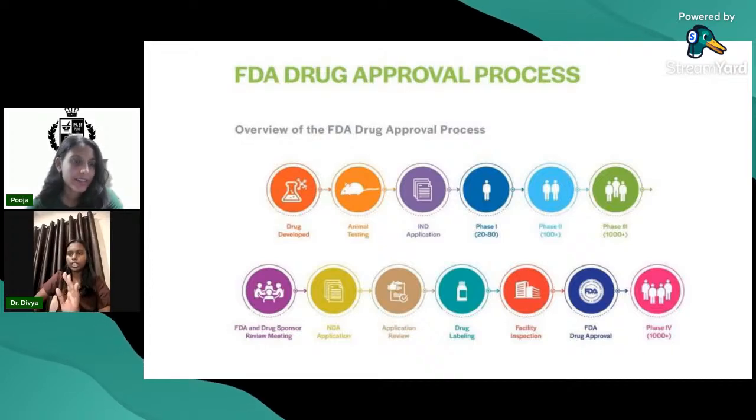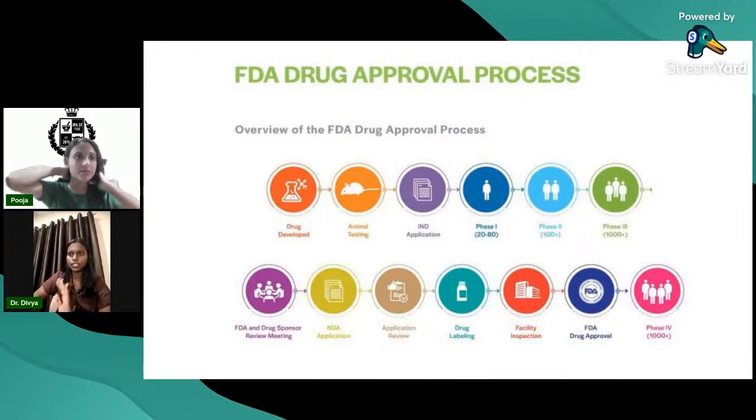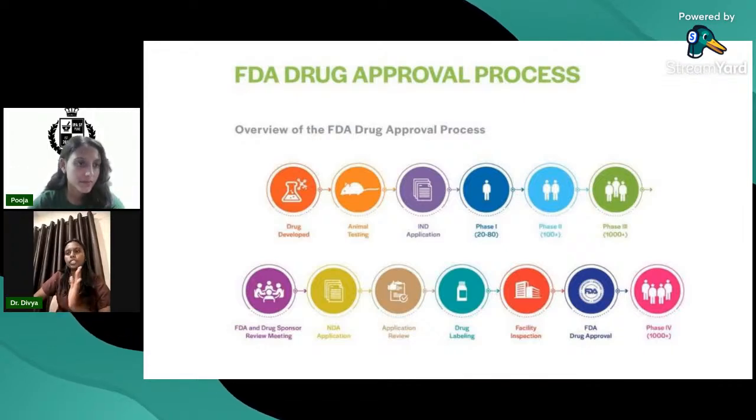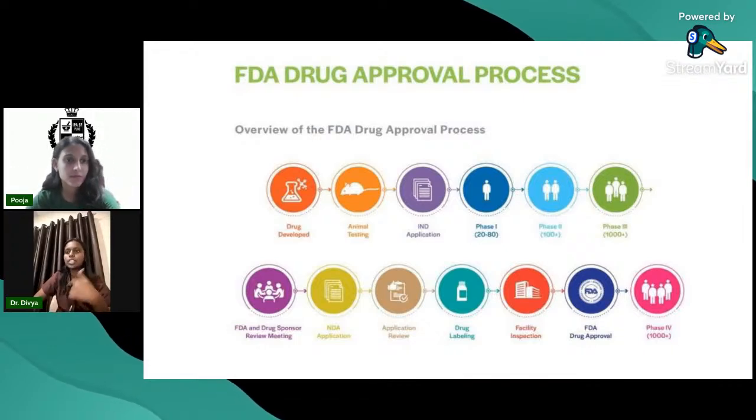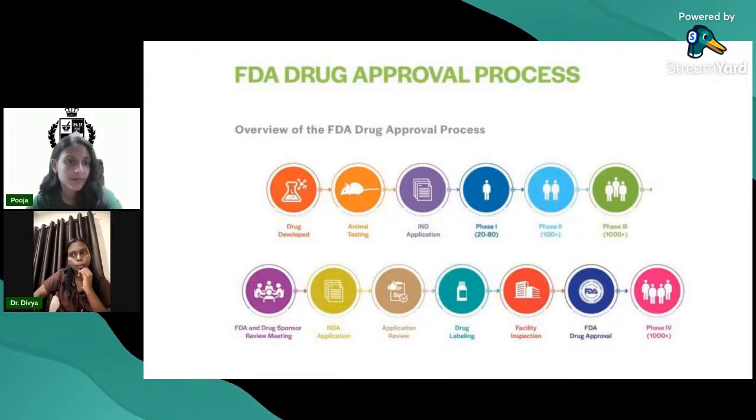So whatever your trial is, regulatory or academic, once the IND and CTRI registration are done, then you can go for phase 1, phase 2, phase 3 studies. I will explain those phases in the next slide, but let us explain this process. Once those 3 phases are done, you will file an NDA application. NDA is a new drug application.